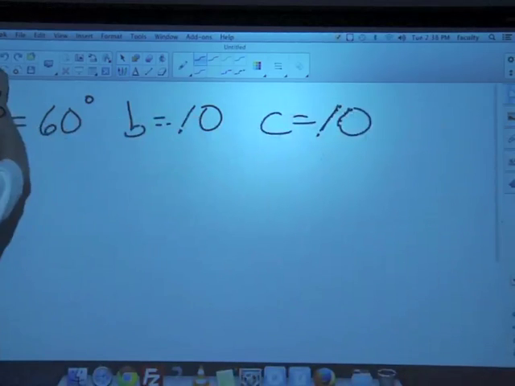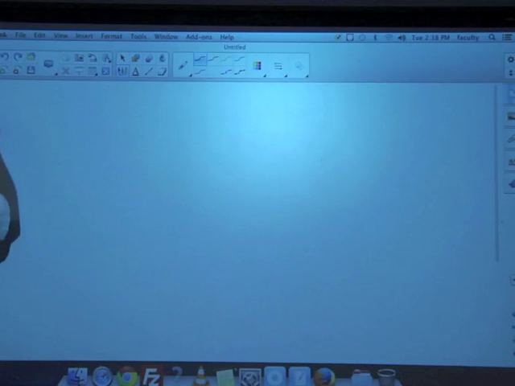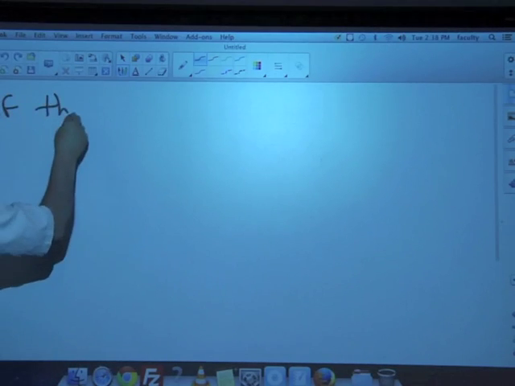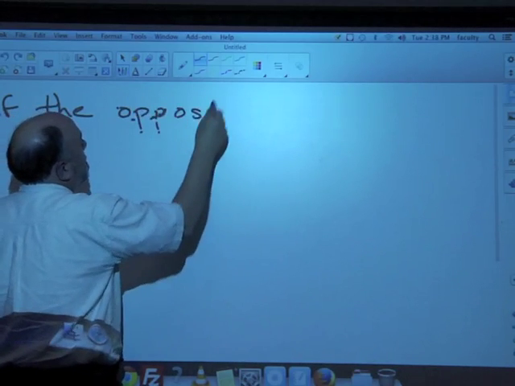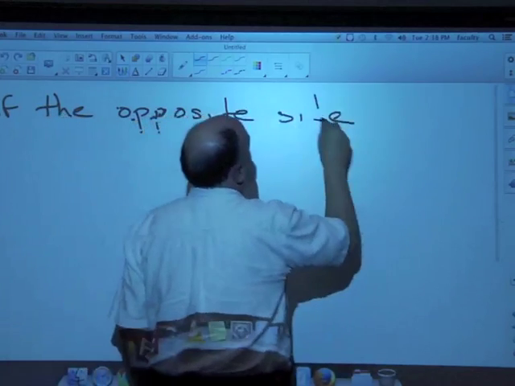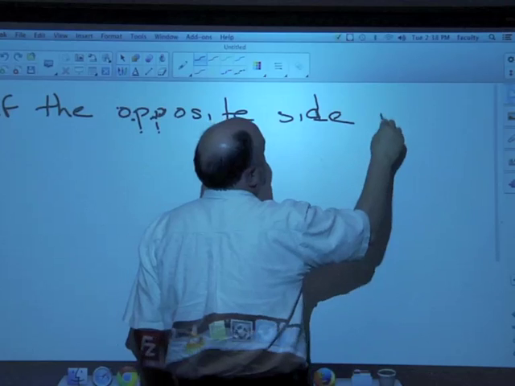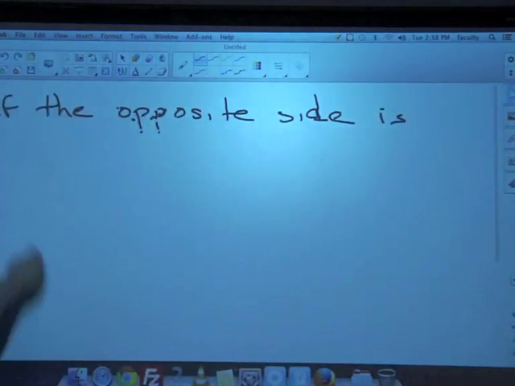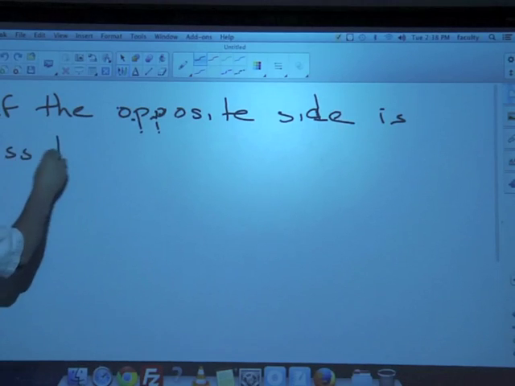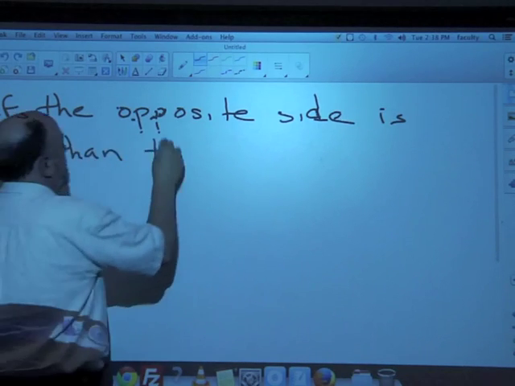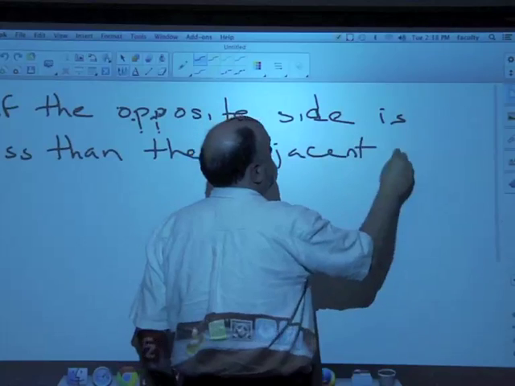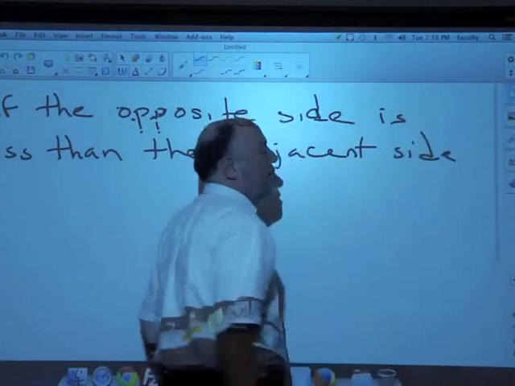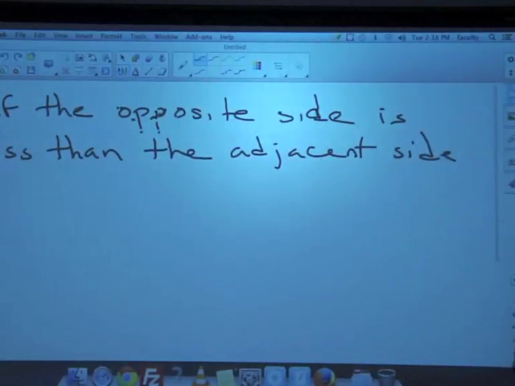So, if the adjacent side, then you have three possible cases.